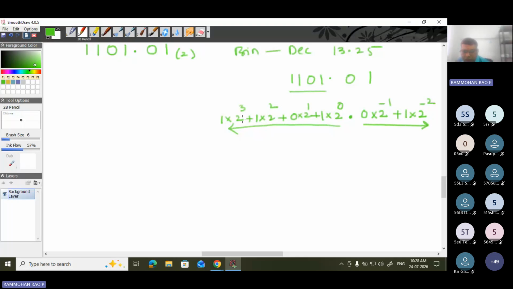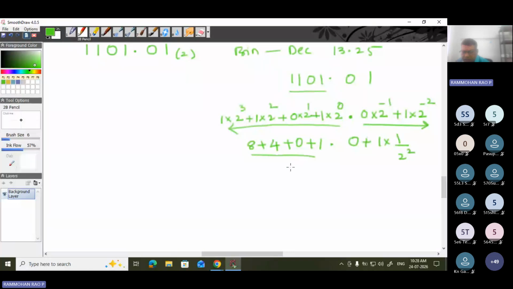Now, what is 1 into 2 power 3? 8. 2 power 2 is 4. 0 into anything is 0. 1 into 2 power 0; 2 power 0 is 1, so 1 into 1 is 1. Point. What is 0 into anything? It is 0. Plus 1 into 2 power minus 2. 2 power minus 2 means 1 divided by 2 power 2.